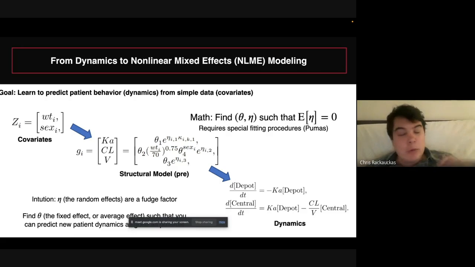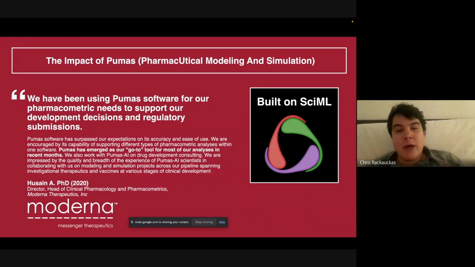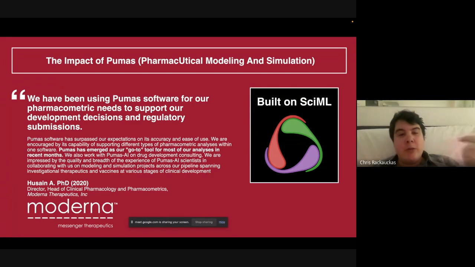And the thing that really became interesting with this was that we started doing a lot of this work on scientific machine learning at the same time that we were working with Moderna on the COVID-19 vaccines, right? One of the other jobs mentioned in my titles there is I'm the director of scientific research at Pumas AI, which builds software for nonlinear mixed effects modeling.